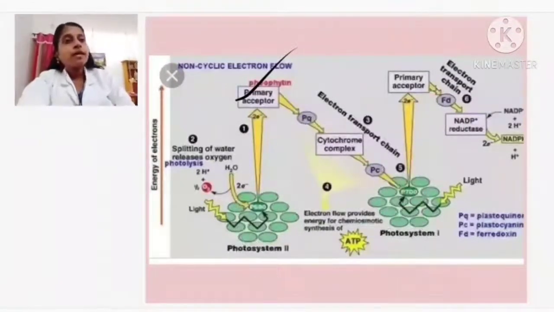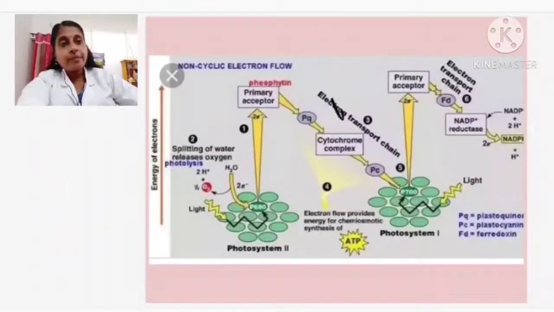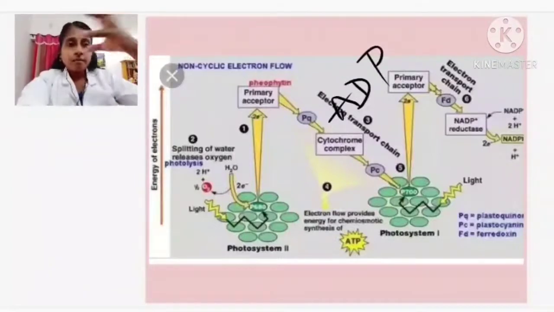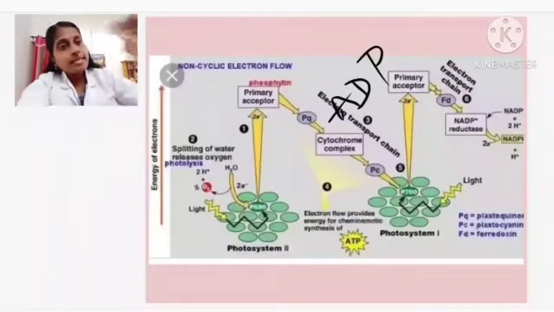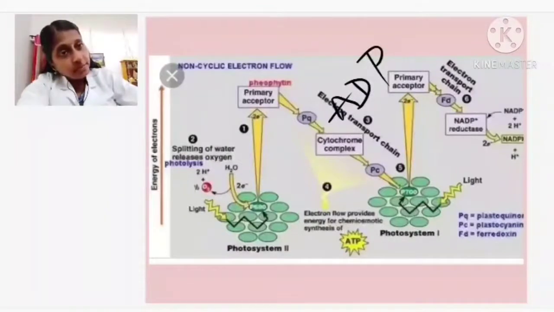Here you can find one substance is already present, it is not marked, ADP. When this process of energy transfer, electron transfer, is taking place, energy is released. What is released? Energy. This energy is being used by ADP. Who is using that energy? ADP.